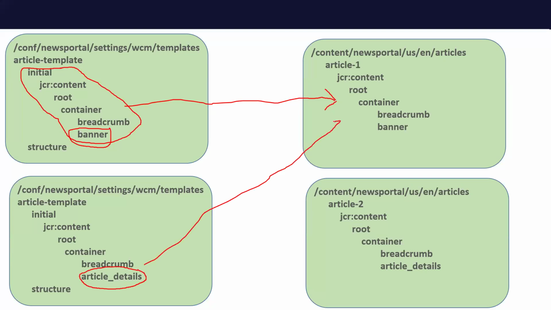Existing pages mean pages already created. But if we create a new page after modification of the initial content, the latest changes of the initial content will reflect in the new pages.